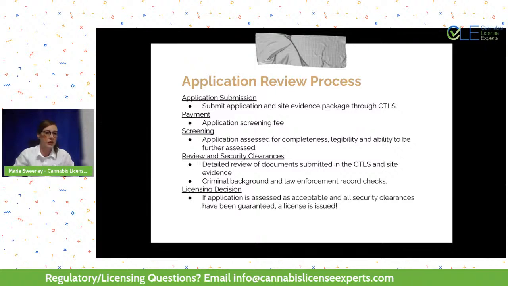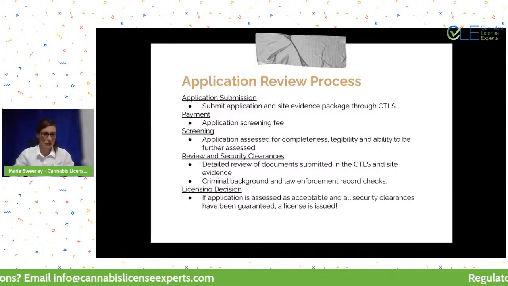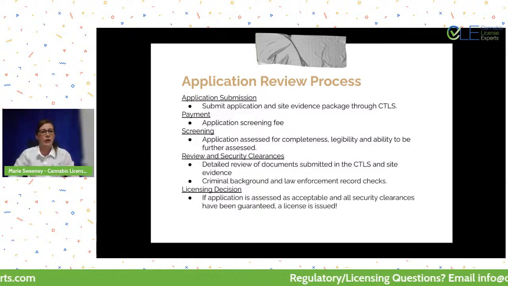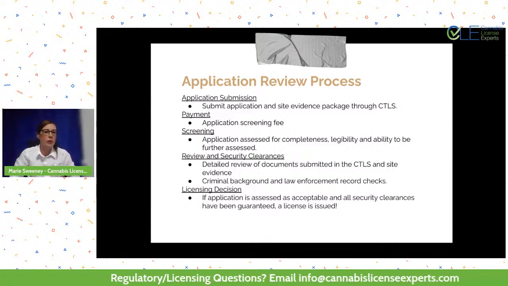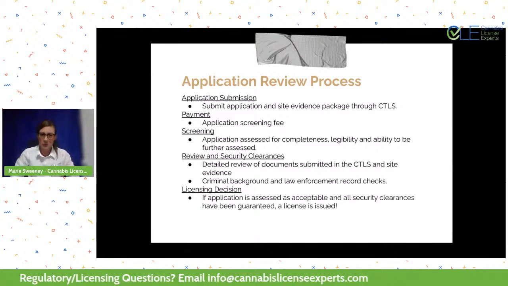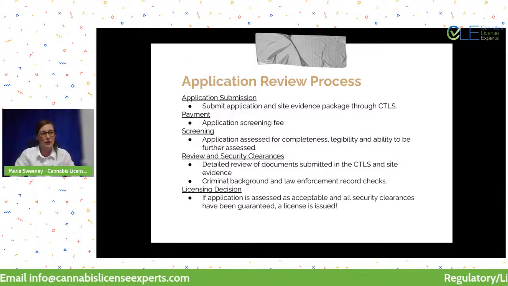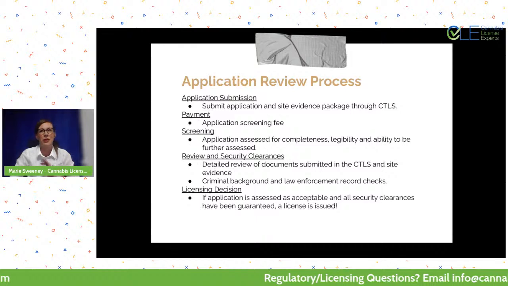Ideally, you have addressed it all in your application. But again, it's individuals that look at each individual application, so you never know what they are going to be asking for. Being best prepared is the best course of action. Look at your application process as a marathon and not a race. Don't sprint out the gate and then deal with all of these RMIs after you've submitted your application.